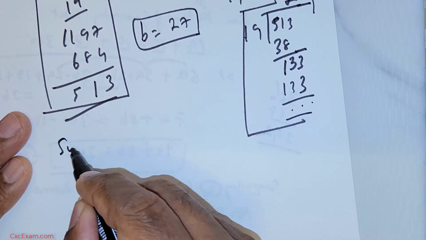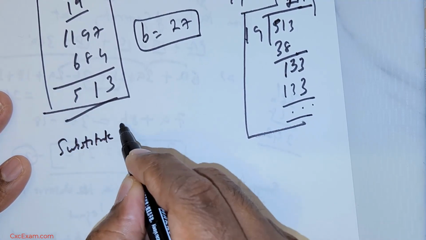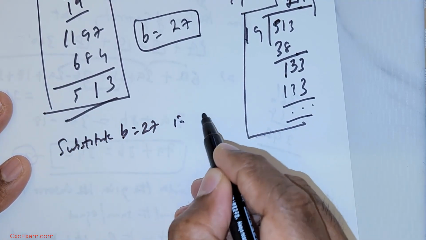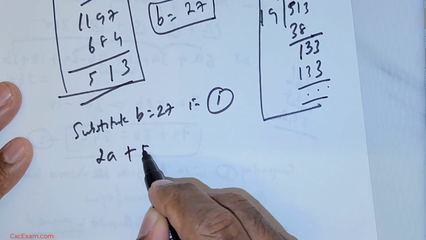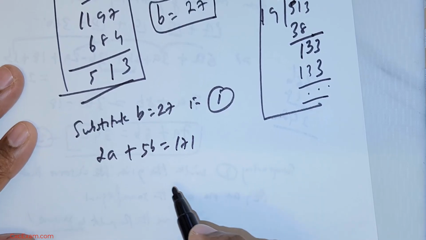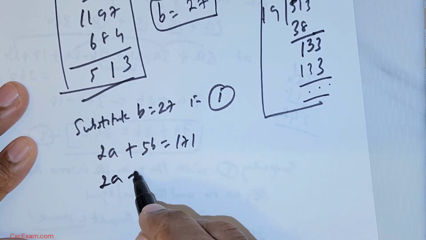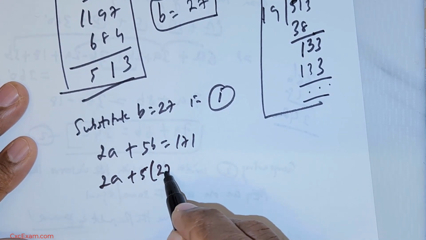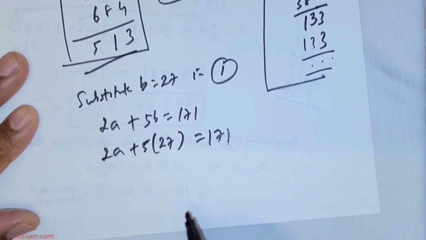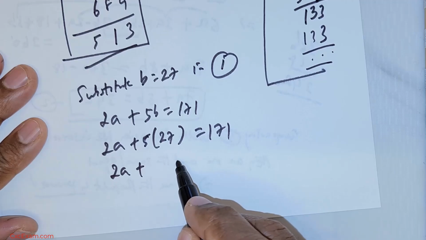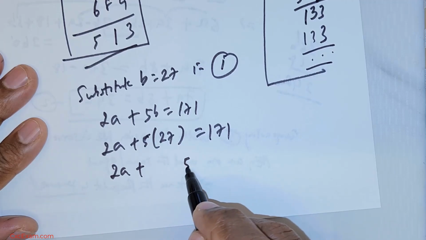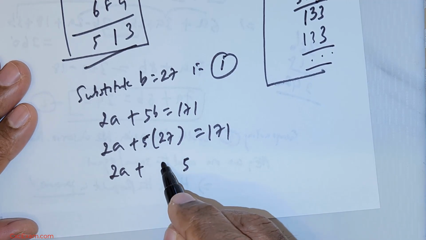Now what I'm going to do is substitute b = 27 in 1. So what is 1? 2a + 5b = 171. So this is 2a + 5 times 27 = 171. This is 2a + 5 multiplied with 27. 5 times 7 is 35, carry 3. 5 times 2 is 10.